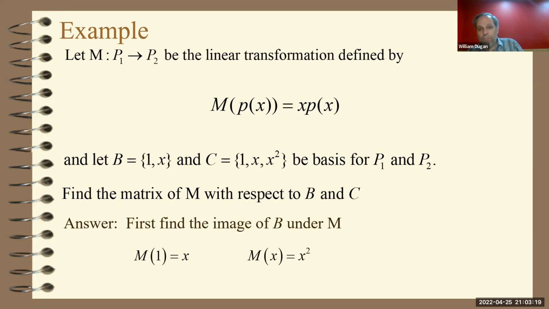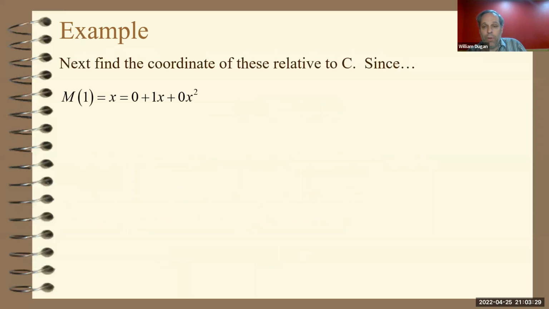To do so, just apply the transformation to every vector in B. So M of 1 is x, M of x is then x times x, that's x squared. Next, I have to find out what those images are relative to C. So C is 1, x, x squared. So I have to write all those images as linear combinations of 1, x and x squared. I did that for M of 1, and I did it for M of x.